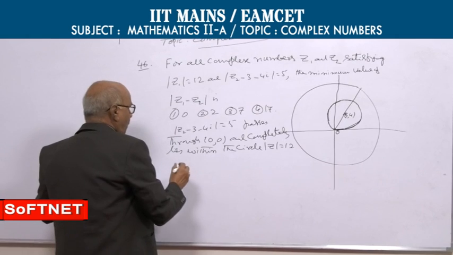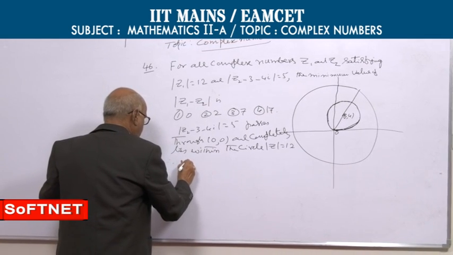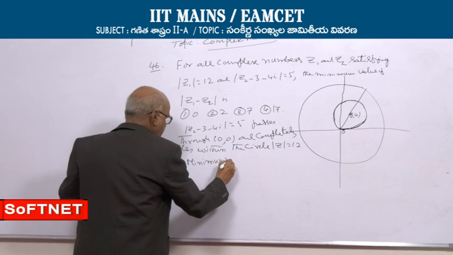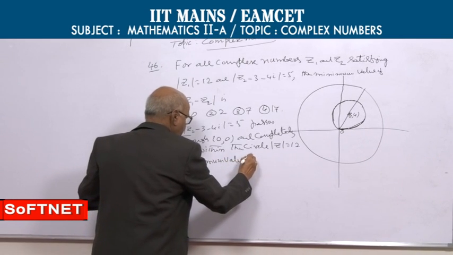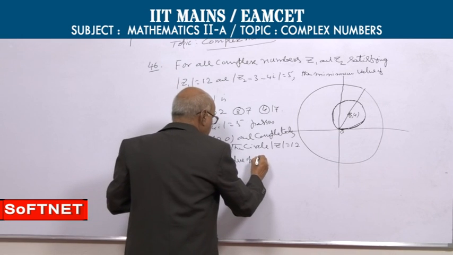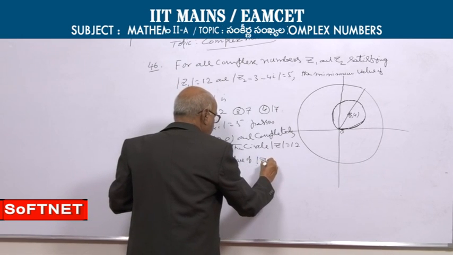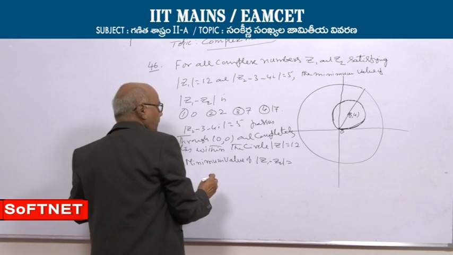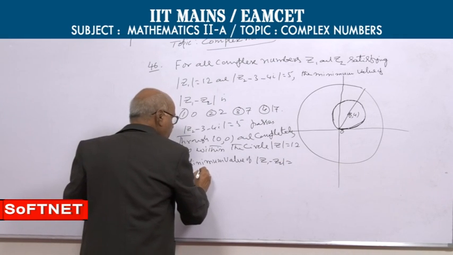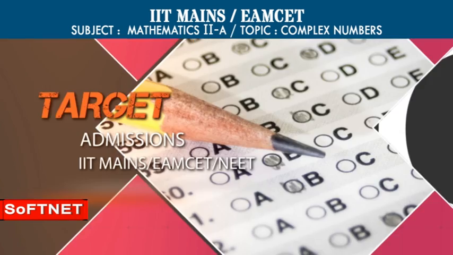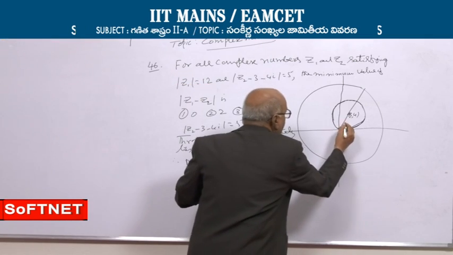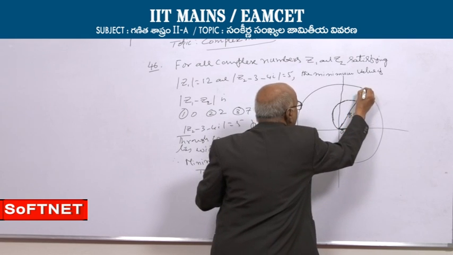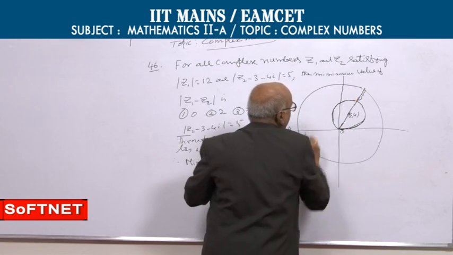Okay, so therefore the minimum value of mod Z1 minus Z2 is equal to the difference of the radii. So this is 12 and that is the minimum.